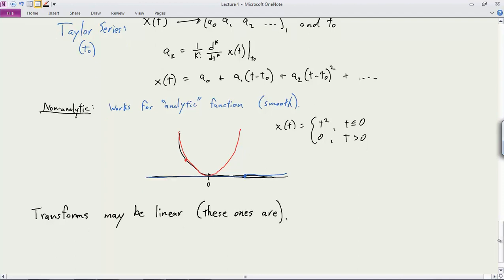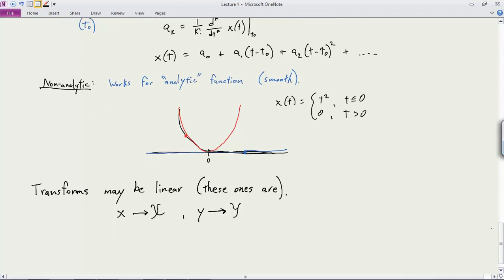Linearity simply means if x transforms to something we'll call capital X, and if y transforms to capital Y, now remember, in the Taylor series case, these are lists of coefficients. In the Fourier series case, they're also lists of coefficients, right? Then alpha x plus y transforms to alpha times the transform of x, plus the transform of y.